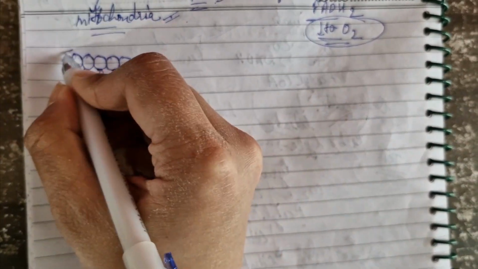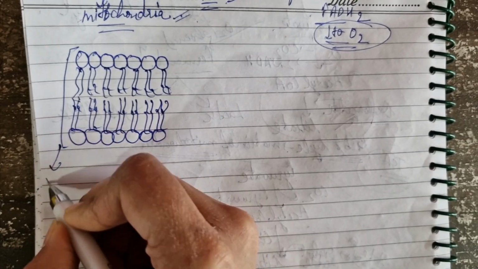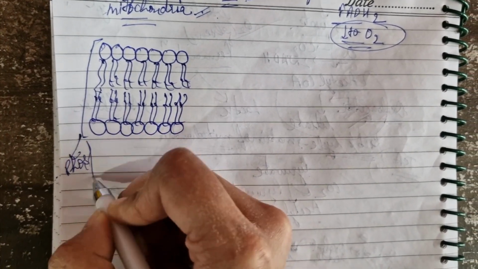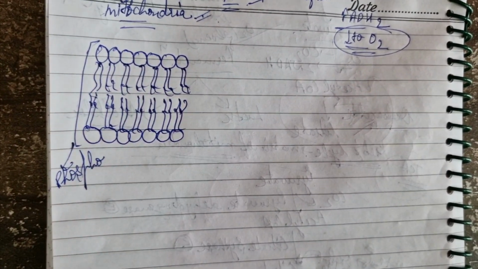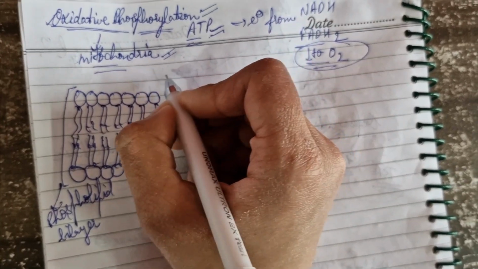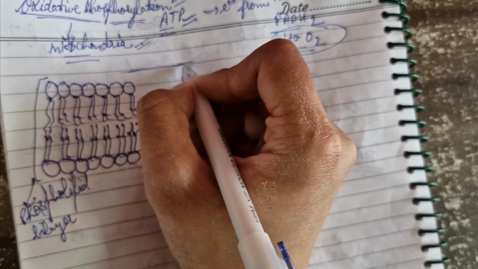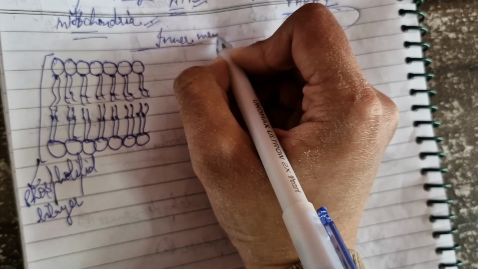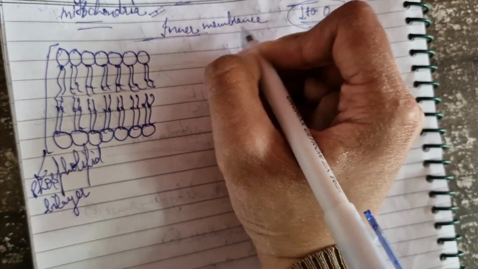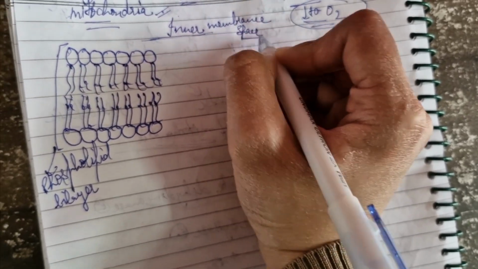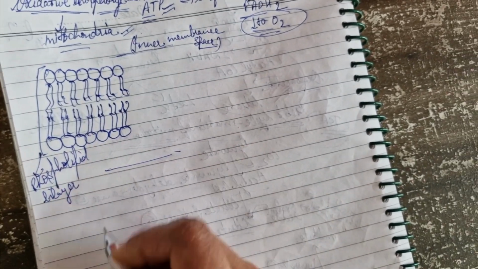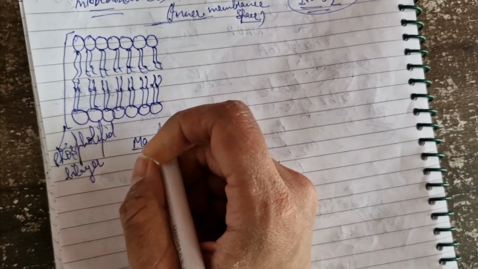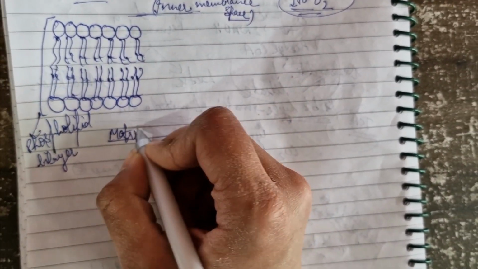Here, this is the phospholipid bilayer. Here, this area will be represented as inner membrane space, and this lower part is known as matrix.